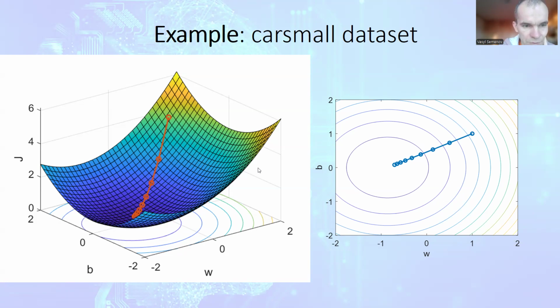It starts to converge faster when we increase alpha, especially for this green line, which corresponds to alpha equal to 0.5. But when I take alpha equal to 2, the cost function doesn't decrease.